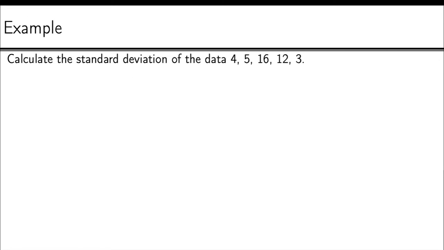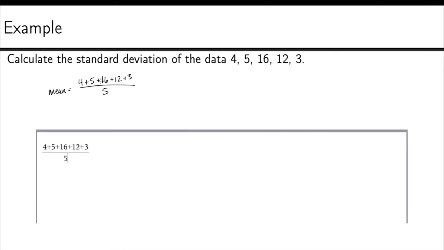Let's find out what the standard deviation of these data is. We have to start by finding the mean, because we need to know the deviation of each value from the mean. To get our mean, we add our numbers together: 4 plus 5 plus 16 plus 12 plus 3, and divide by the number of values, which is 5. And we get 8.